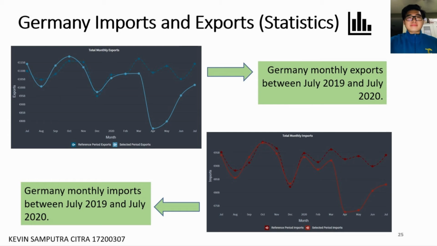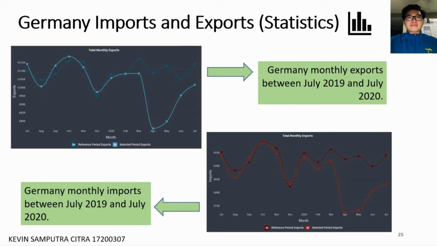Germany experienced the highest amount of exports in October 2019 at 119 billion euros and the lowest amount of exports in April 2020 at 75.6 billion euros, most probably due to the global pandemic that affects almost every country. One positive thing to note is the recovery of Germany's exports shown by the upward trend.